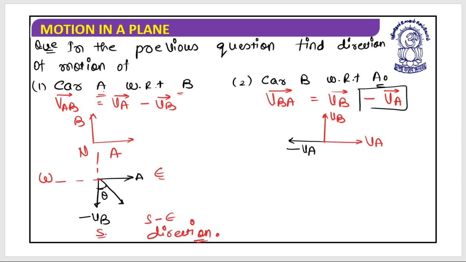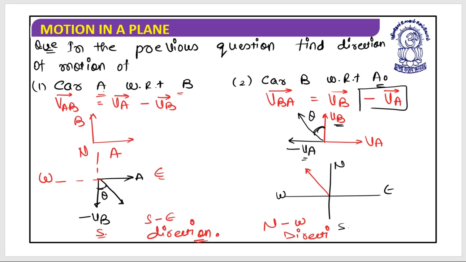The resultant of these two would be in this direction, and this is an angle theta. This is VB, this is minus of VA, and the situation would be something like this. It's north, east, west, south. My resultant will be in the northwest direction. So the velocity of car B with respect to A is in the northwest direction. I hope these things are clear. Is it clear?